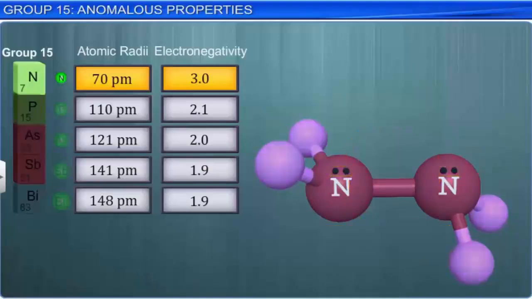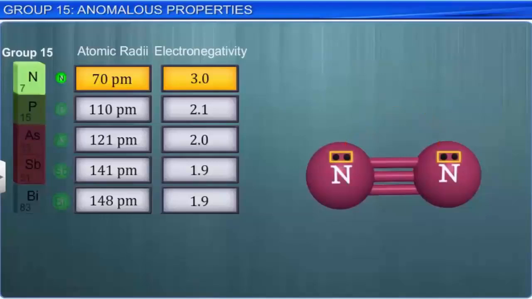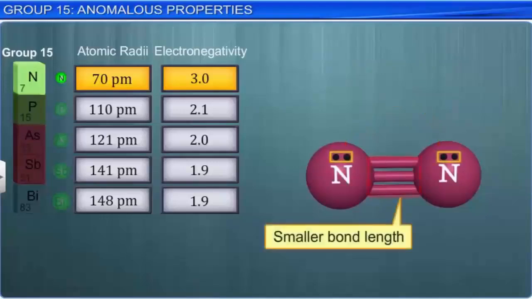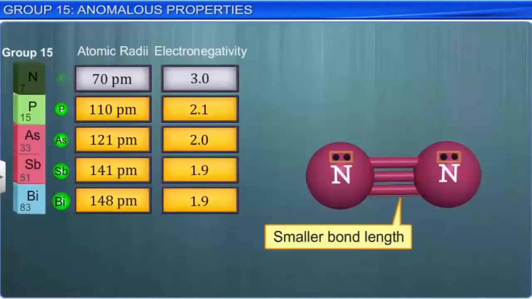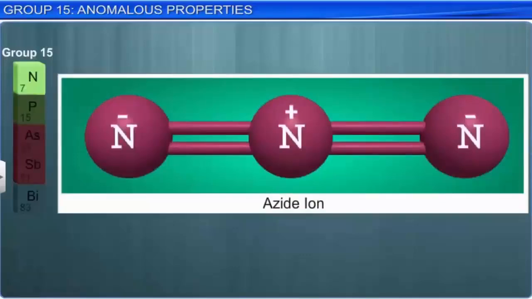The high inter-electronic repulsions in dinitrogen are attributed to its smaller bond length or small size of nitrogen atoms. The maximum length of the chain observed for nitrogen is 3 in azide ion.